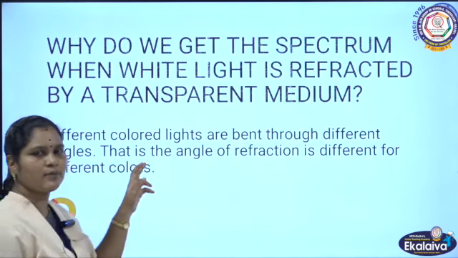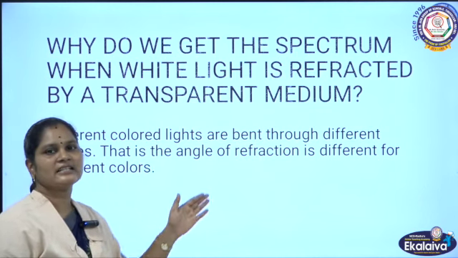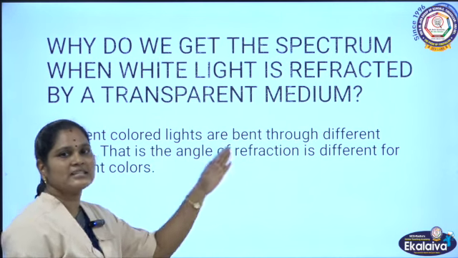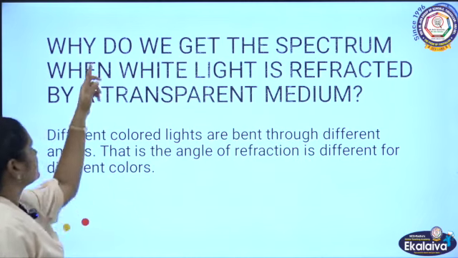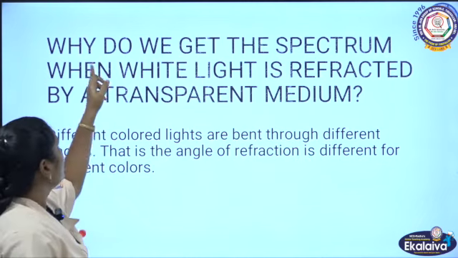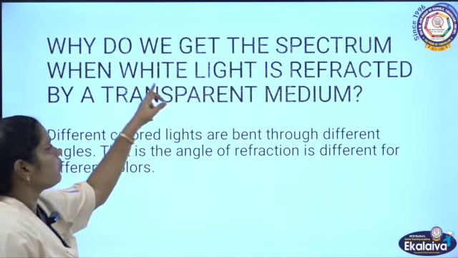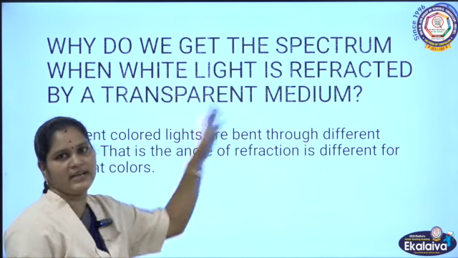When the composite light falls on any transparent medium, then only we get that spectrum. The main question is: why do we get the spectrum when white light is refracted by a transparent medium?